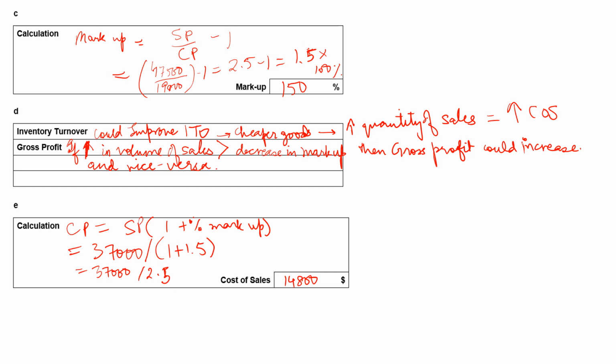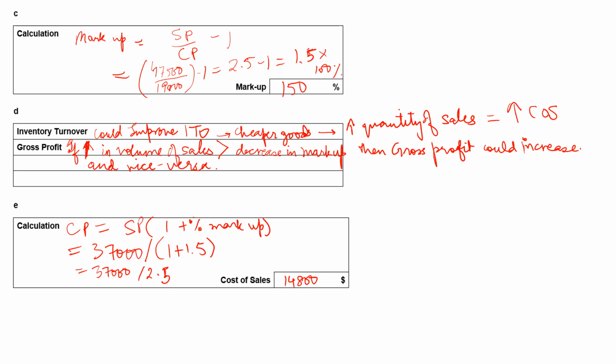And then we've got more information given for August 2025, and additional information in the question about physical count and drawings, etc. And then you've got the other requirements. Starting with part E, calculate the cost of sales for August 2025. That involves cost price equals selling price divided by 1 plus percentage markup.